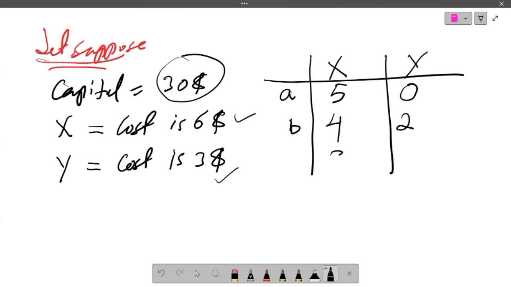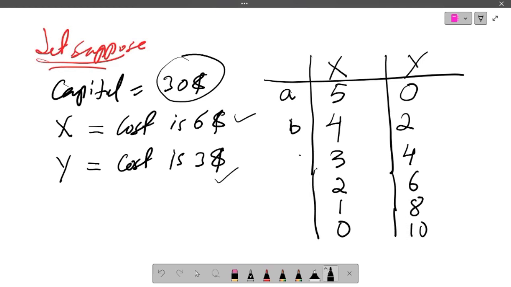And what if we produce 3 units of X? It will be 4 units of Y. If we produce 2 units of X, it will be 6. If we produce 1 unit of X, we can produce 8 units of Y. If we produce 0 units of X, we can produce 10 units of Y. So what do these points show?